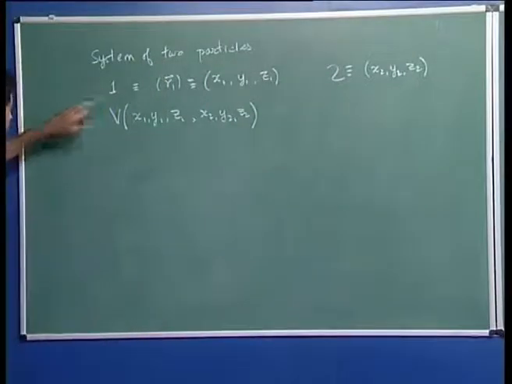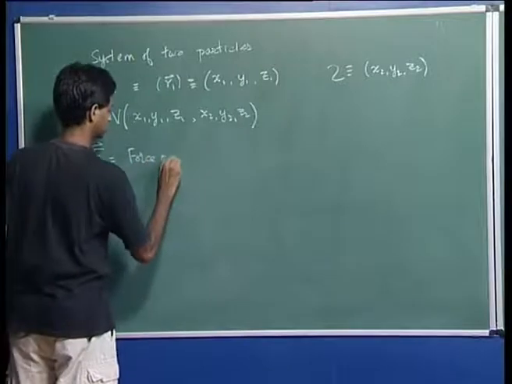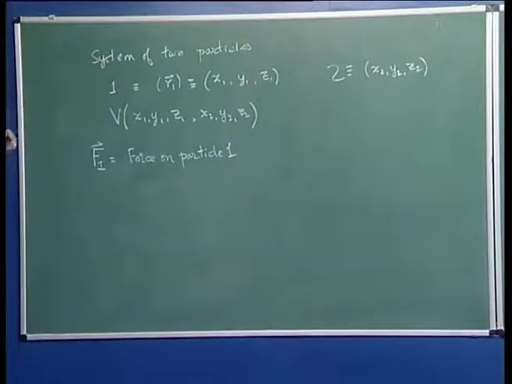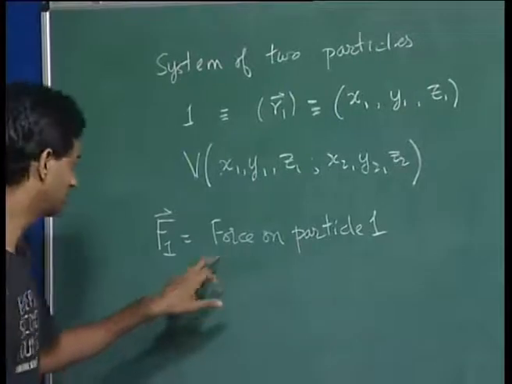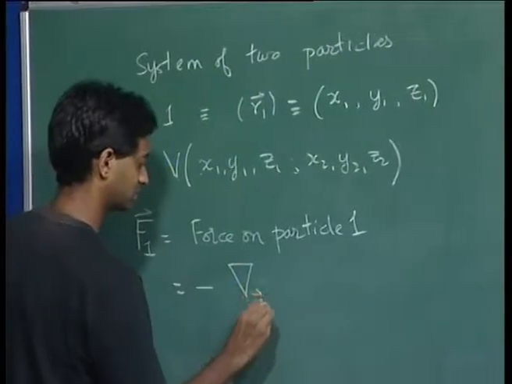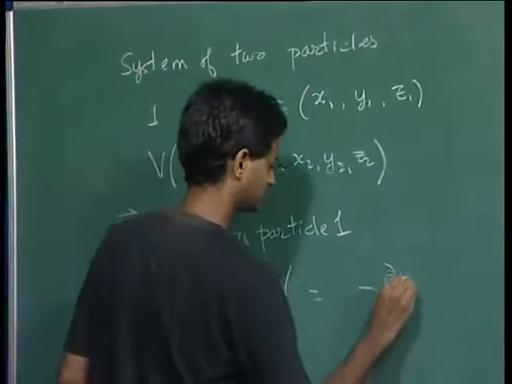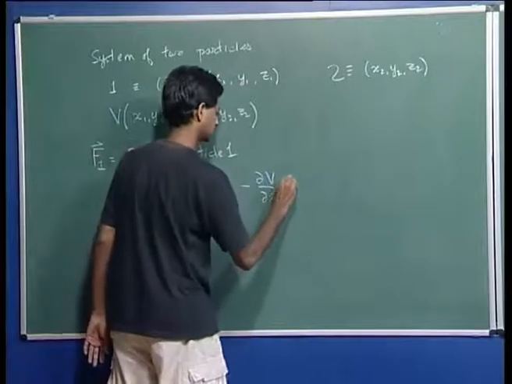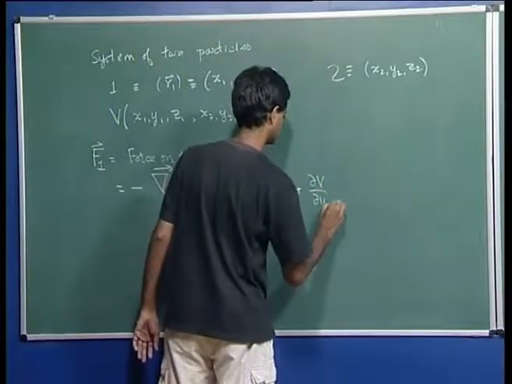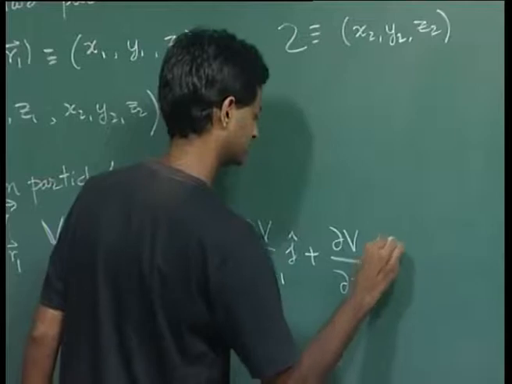So now if you ask what is the force on particle 1, the force on particle 1 is given by minus gradient with respect to R1 of V. And this is equal to minus dou V by dou x1 i plus dou V by dou y1 j plus dou V by dou z1 k.